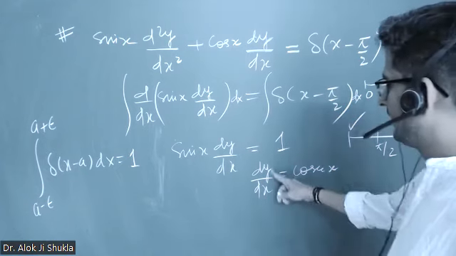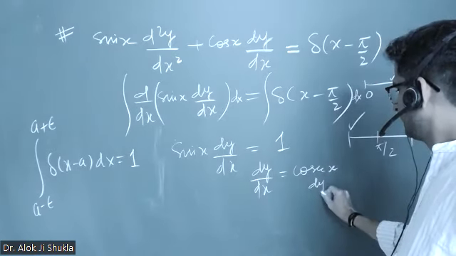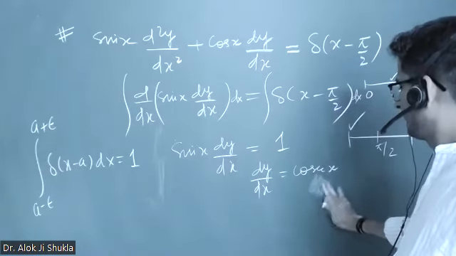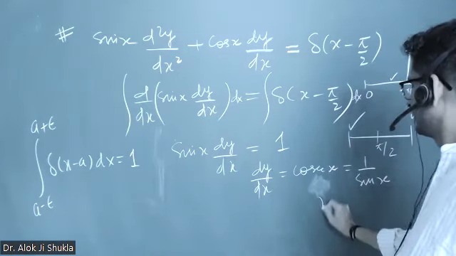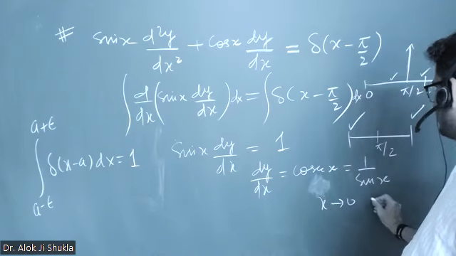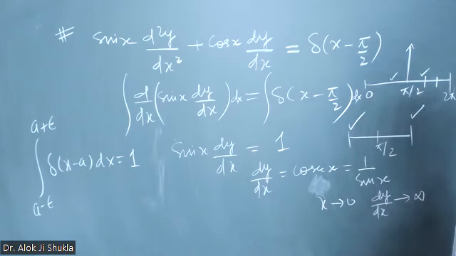तो ये पूछा गया था कि ये dy by dx कहाँ पे ब्लो कर रहा है, तो बताओ जरा। दिस इज 1 by sin x, x इज इक्वल टू 0 पे क्या होगा, dy by dx will become infinite। समझ आ गया? अच्छा है ना?